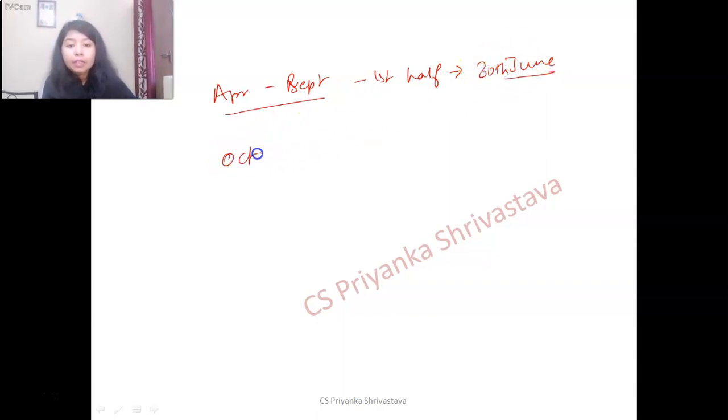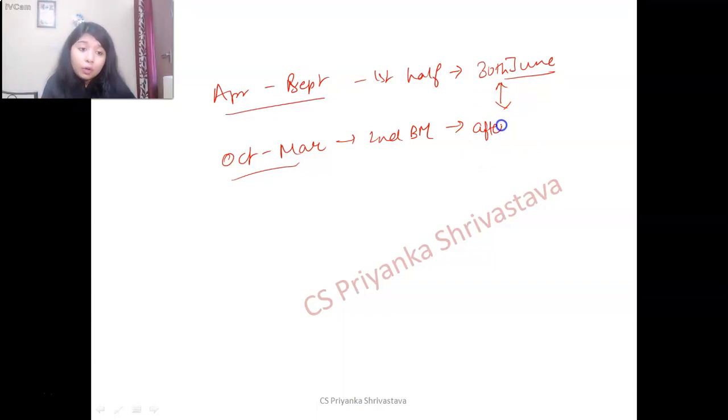And from October to March, now I have to conduct the second board meeting. So I need to calculate the days. So that must be at least 30th June to 30th July, 30th August, 30th September. So it should be after 30th September, because at least a 90 days gap is required.